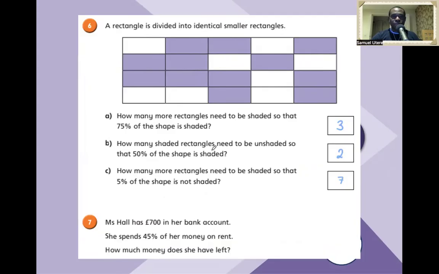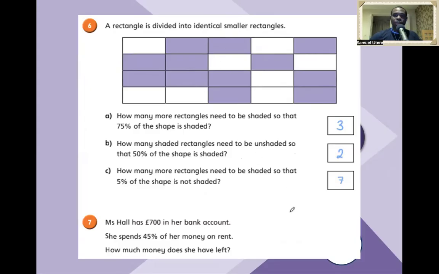And then how many shaded rectangles need to be unshaded so that 50% of the shape is shaded? So remember you have 20.